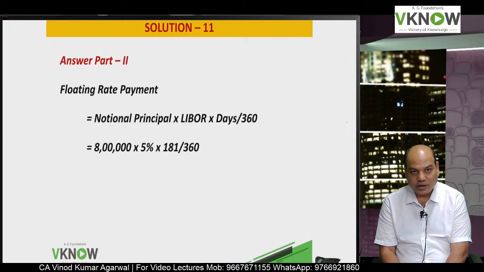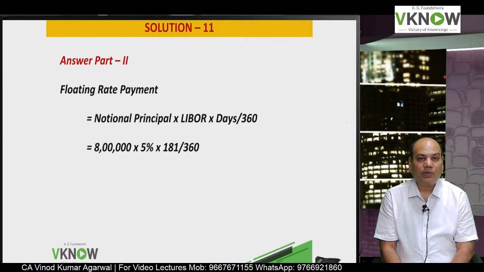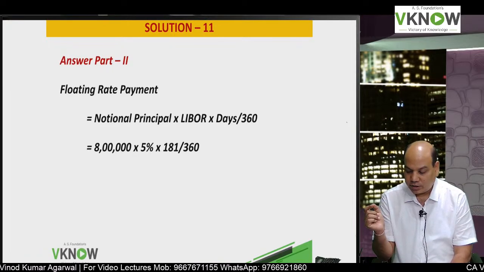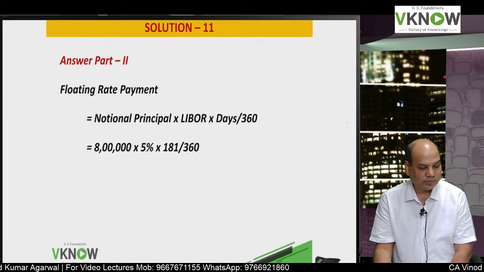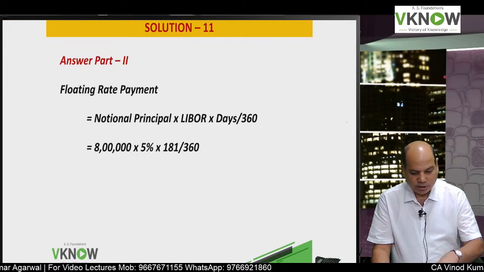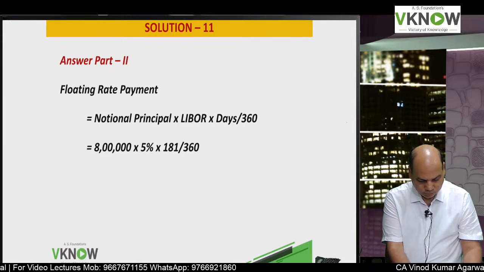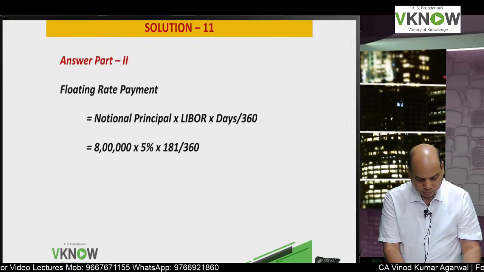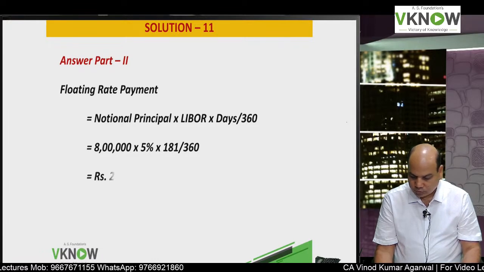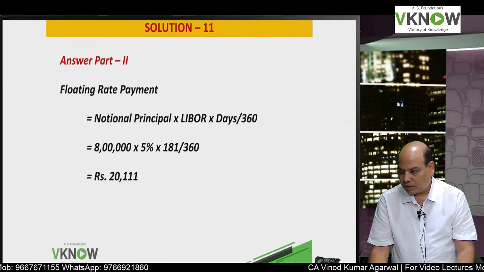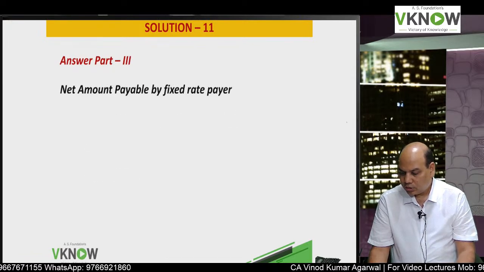Notional principal is 8 lakh into LIBOR is 5% into here we will take actual days, 181 divided by 360. So that comes to 20,111.